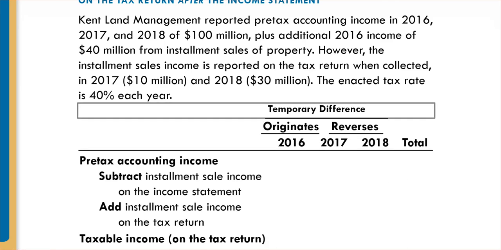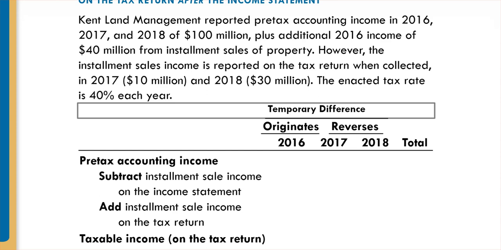You're going to notice here that it's a temporary difference. And the temporary difference is going to be recognized in 2016, and it's going to show up as an item in 2016.